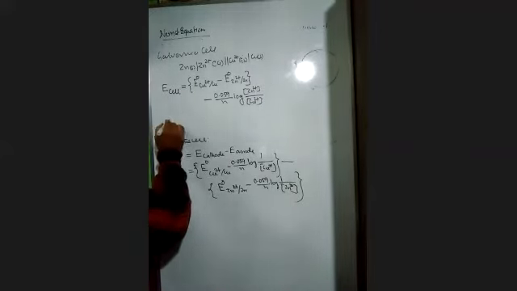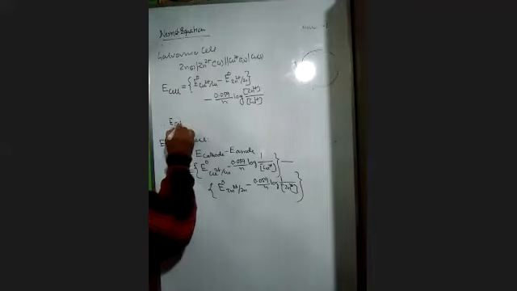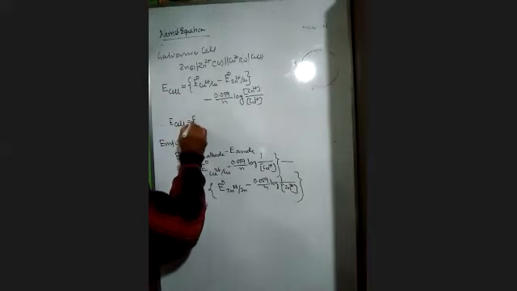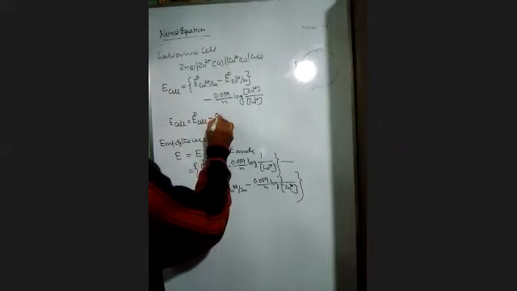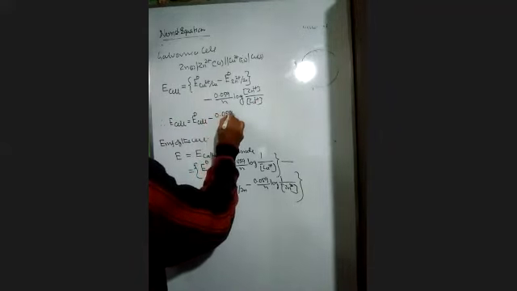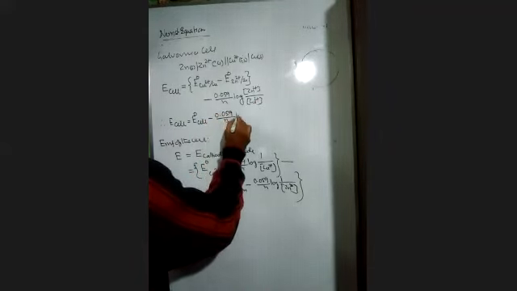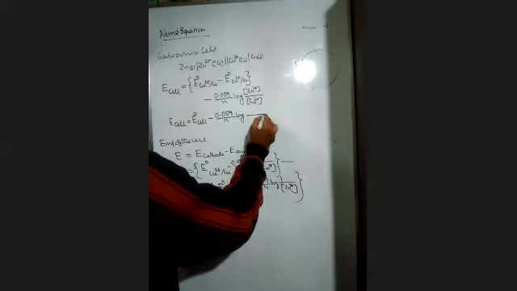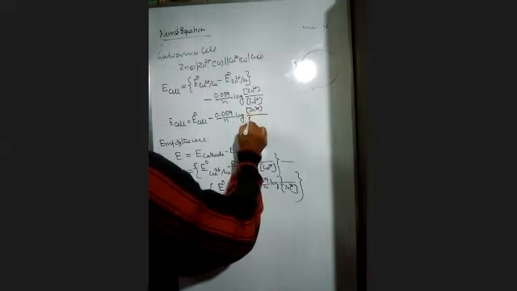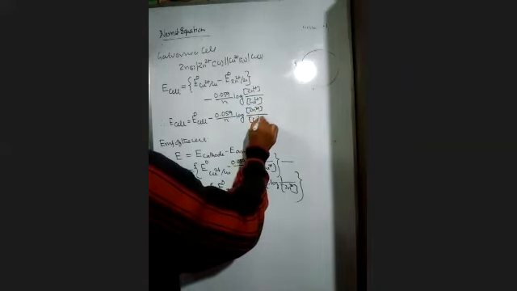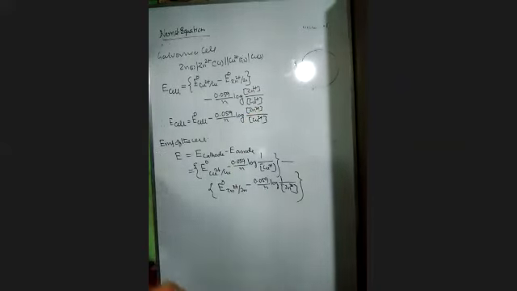So therefore, what I'll write now here, E cell is equal to E0 cell minus 0.059/n log Zn2+ by Cu2+. I have done this specifically for the galvanic cell that we first discussed initially. Okay.